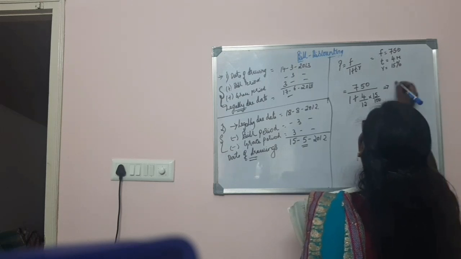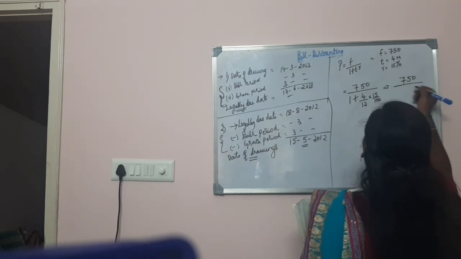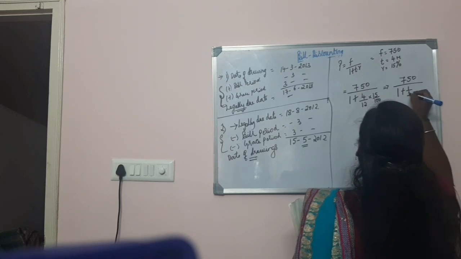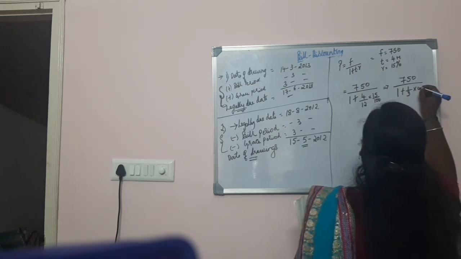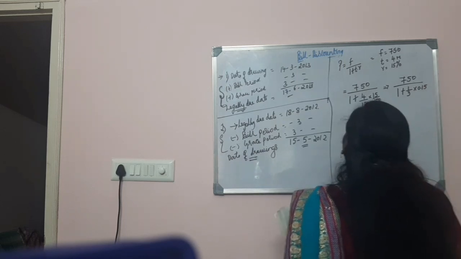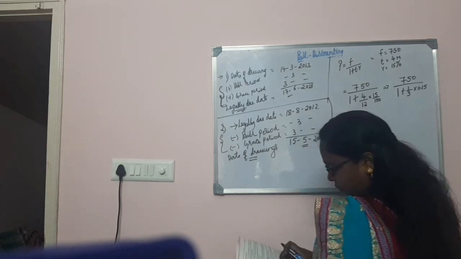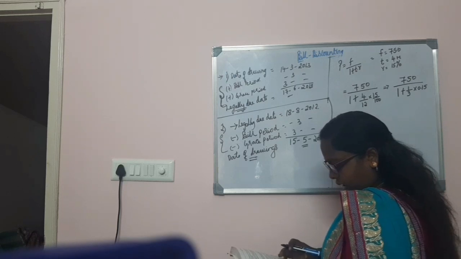We will get 750 divided by 1 plus 1 by 3 into 0.15. Use a calculator for the calculations.